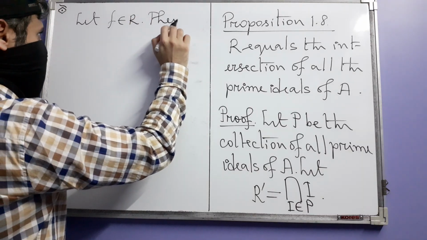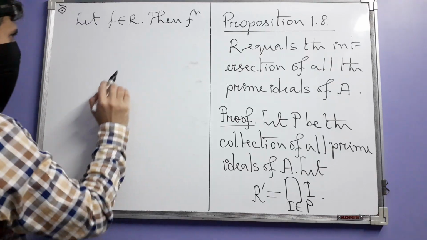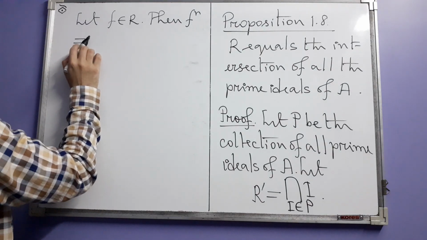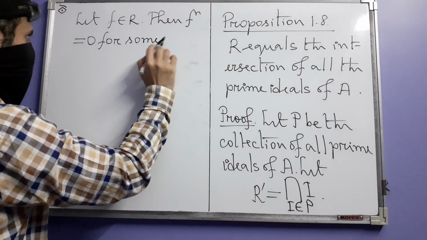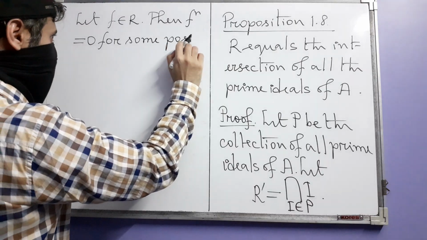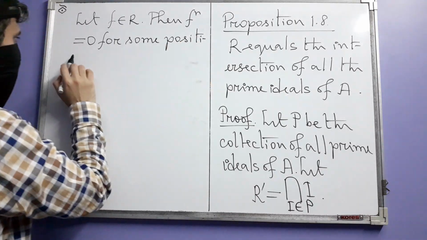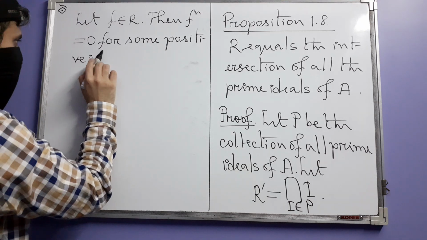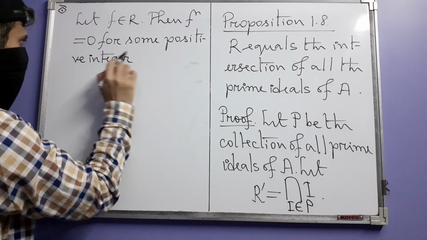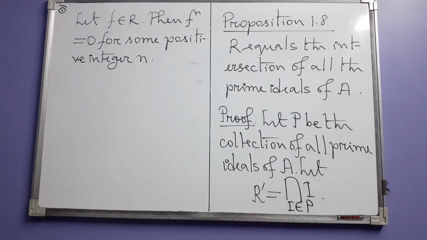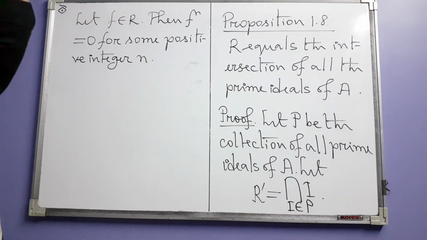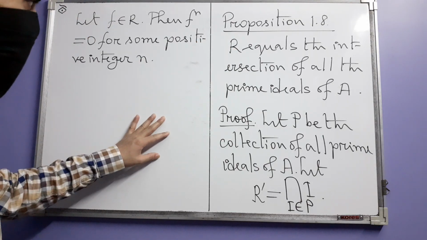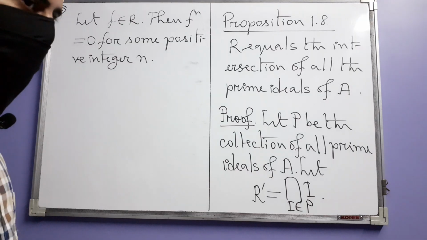Then some power of f, say f to the power n, will be equal to 0 for some positive integer n. It's a little cumbersome to keep writing for some positive integer. I forgot if the author is using some special symbol to denote the set of positive integers.